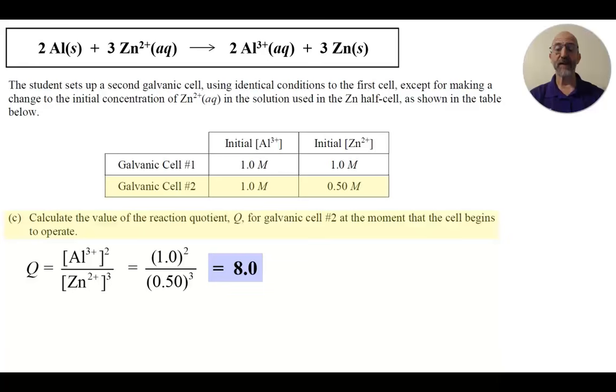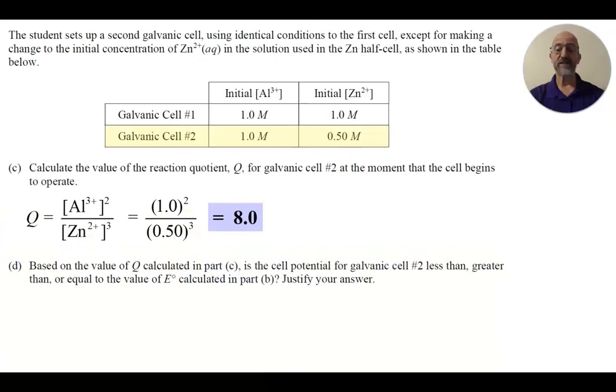Now you may remember in question 1, the value of Q was actually less than 1. But here in question 2, this particular non-standard cell, the value of Q is greater than 1. So you might be thinking, how will the value of the cell potential be affected if Q is greater than 1? Well, that's exactly what we have to answer in part D of question 2.